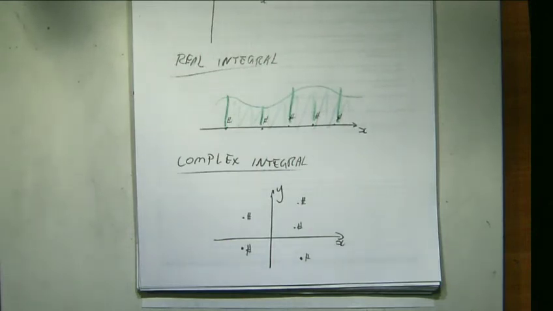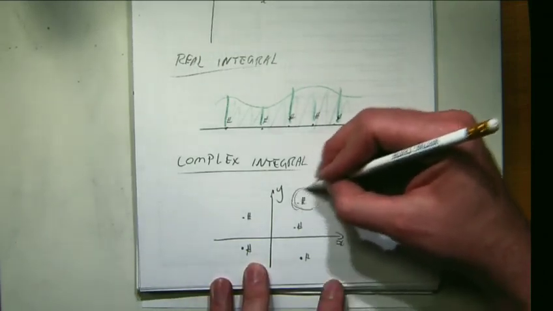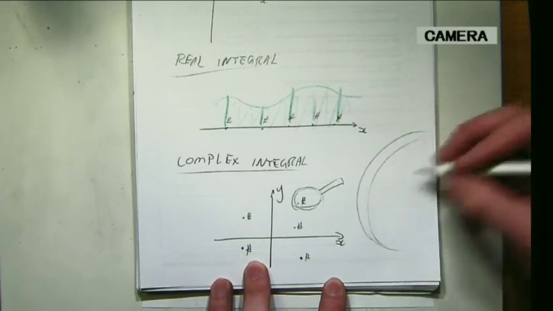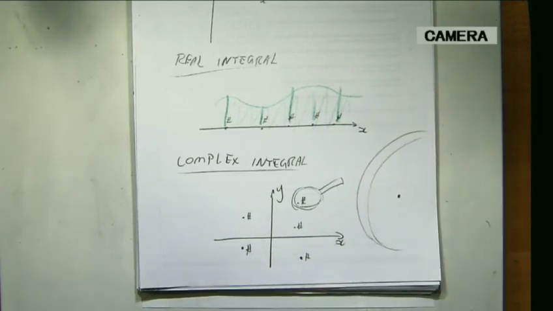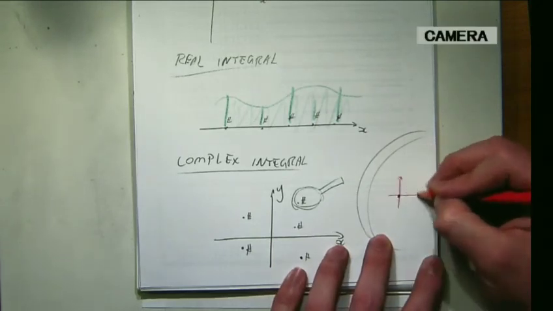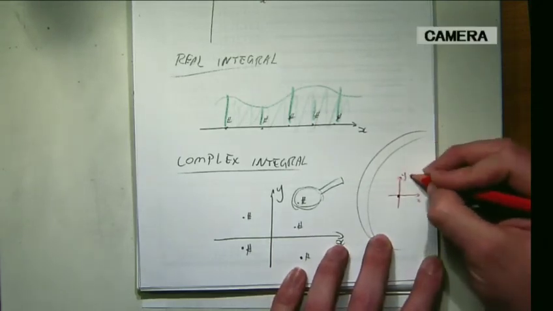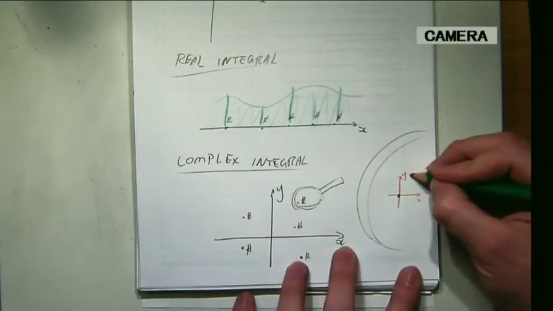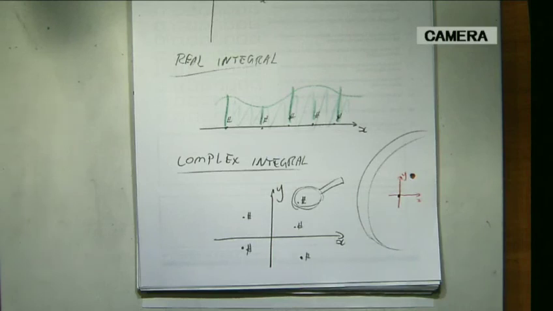So it's almost as if at every one of these points, if we zoom in on it with our lovely little magnifying glass, here we are at that point, and it's almost like at that point there's a little complex number diagram that tells you what the result of the function is. And at every point there's another one of those.